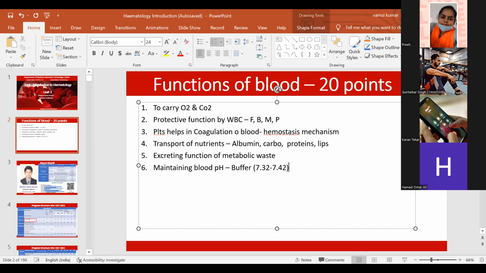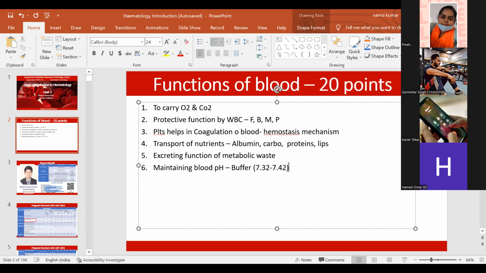Now, all these enzymes can function if the blood pH is in the range of 7.32 to 7.42. If blood pH alters beyond 7.42 or less than 7.32, then all the enzymes will shut down.